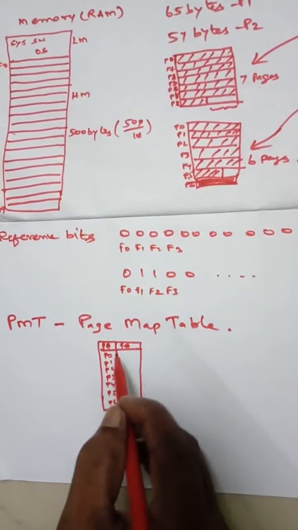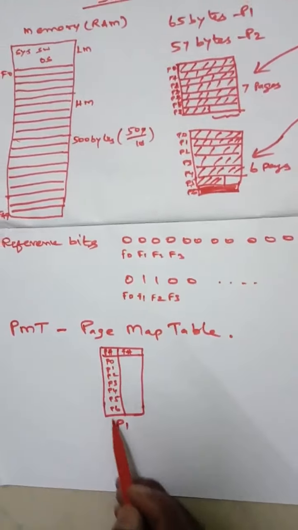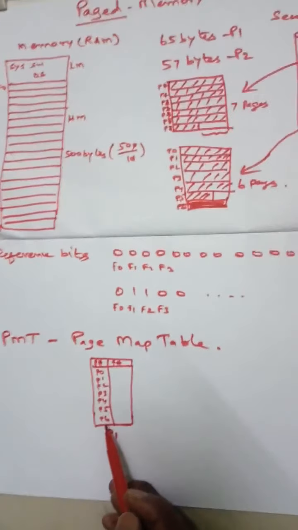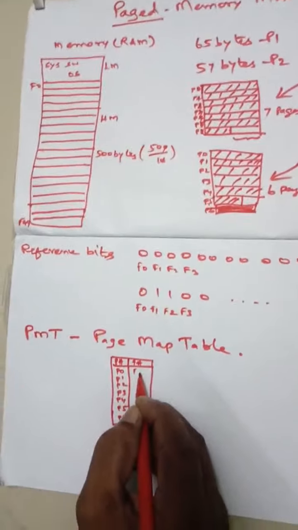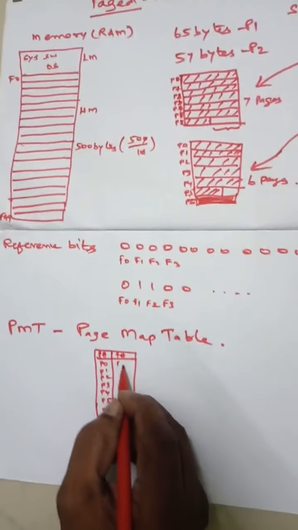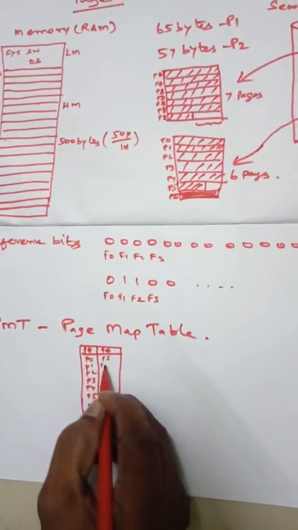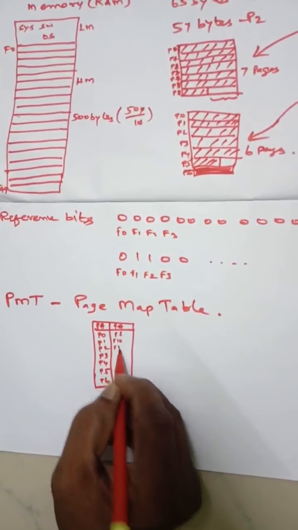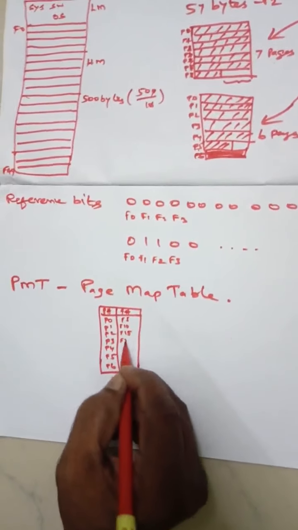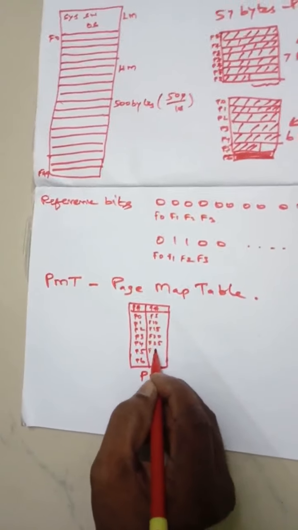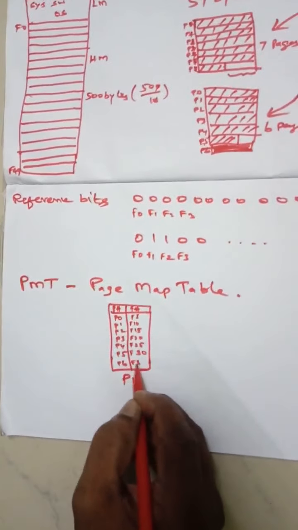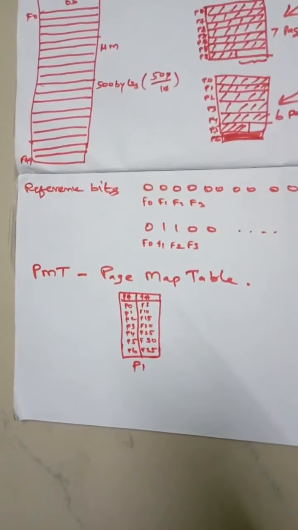So these 7 pages are available in frame numbers F5, F10, F15, F20, F25, F30, and F35 for your understanding.